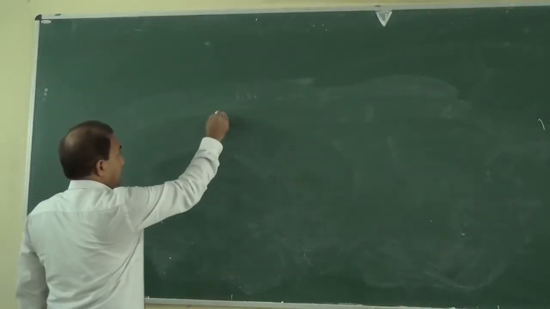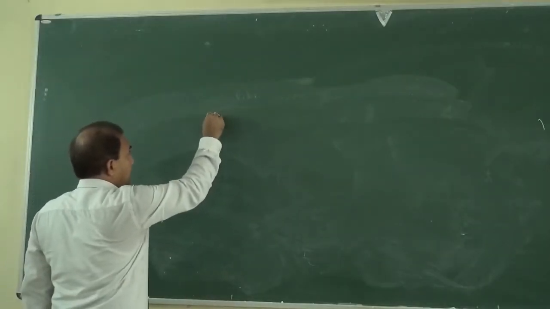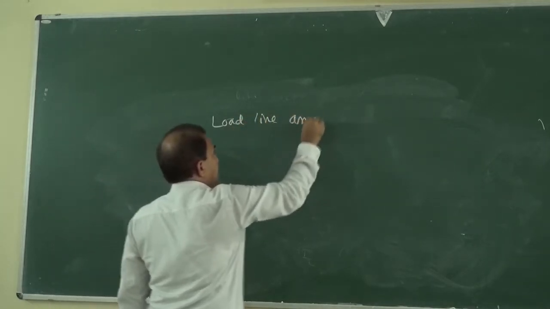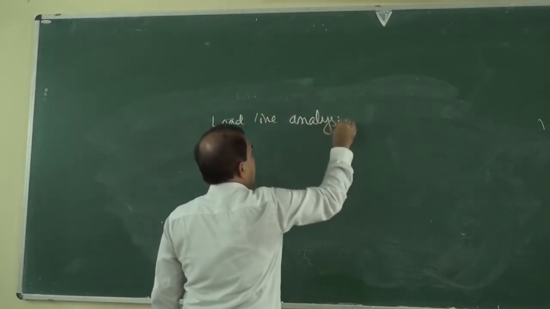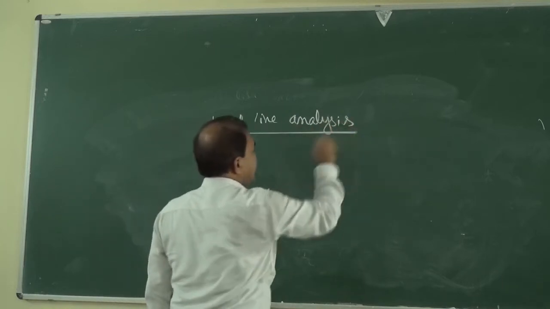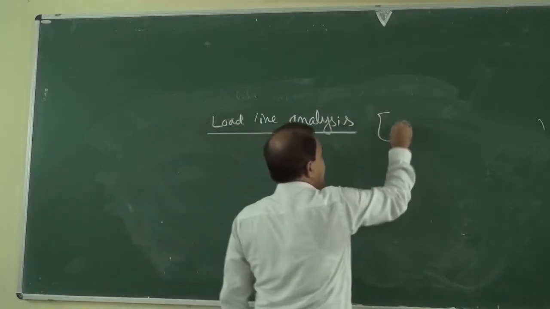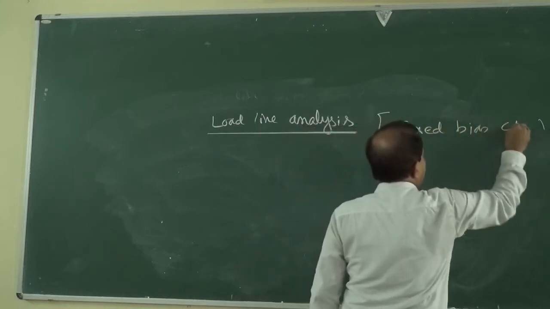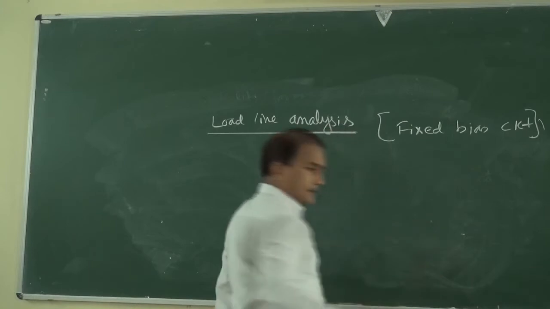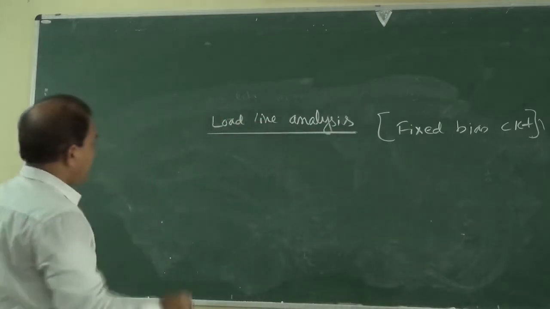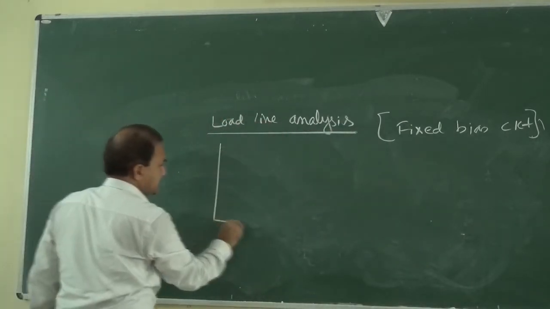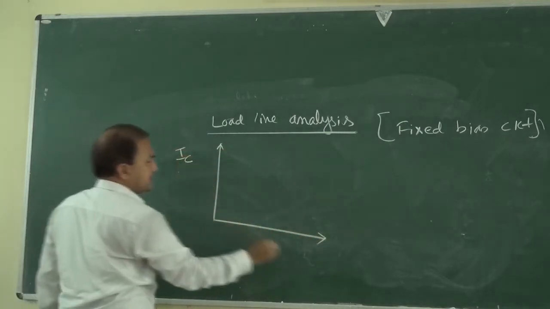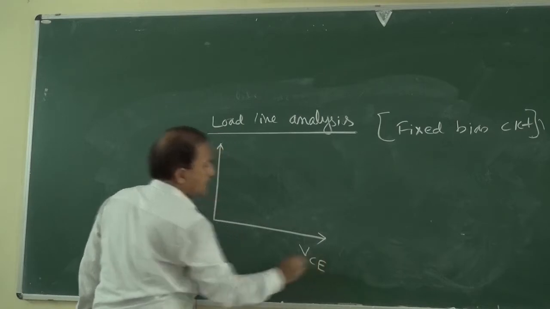Now we will see the load line analysis of fixed bias circuit. Load line analysis is the graph between IC versus VCE.